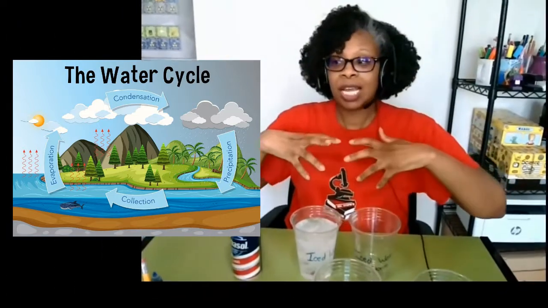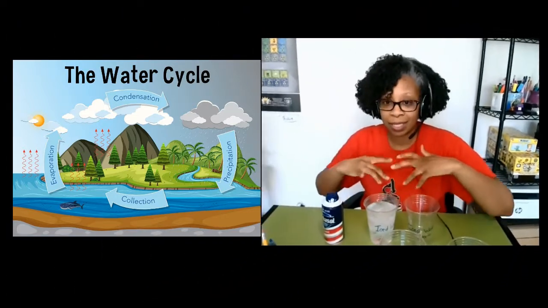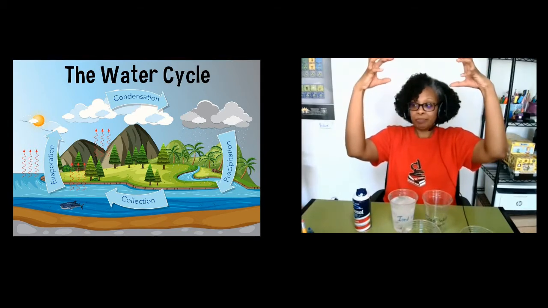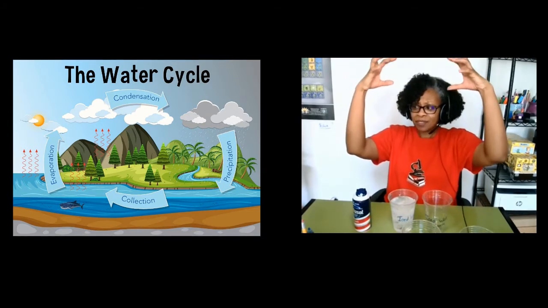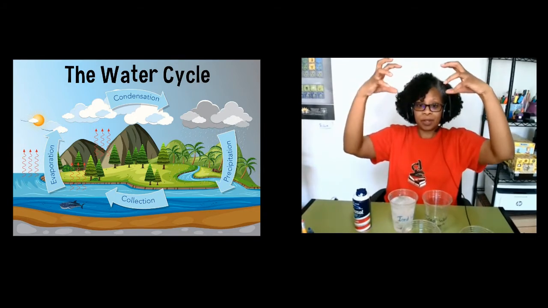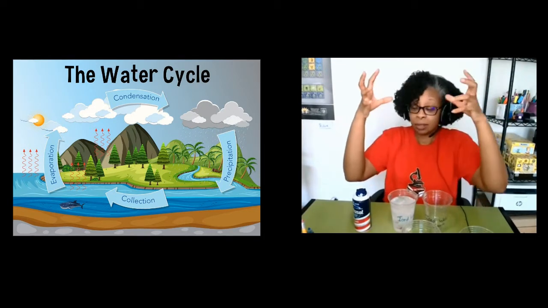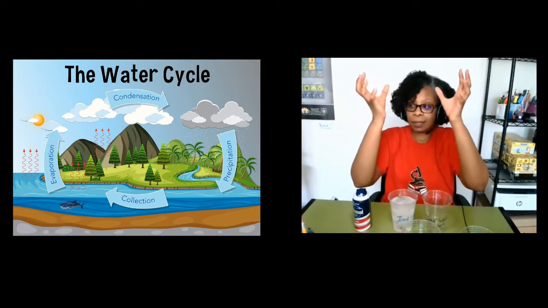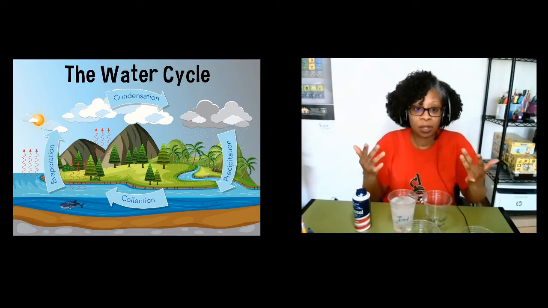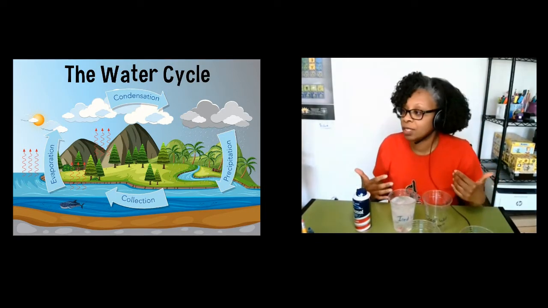The water changes from liquid to gas, and then it condenses in cloud form. Okay. And then eventually, when enough water gets up there and the clouds are full and no longer able to hold the water that is in there, then it falls in the form of precipitation, okay?